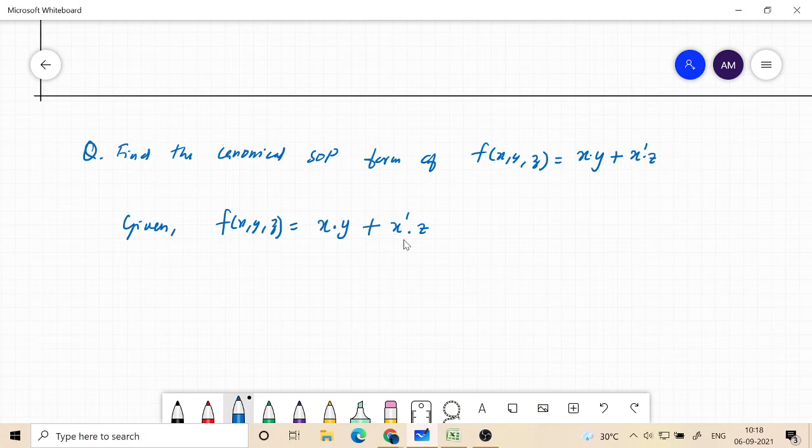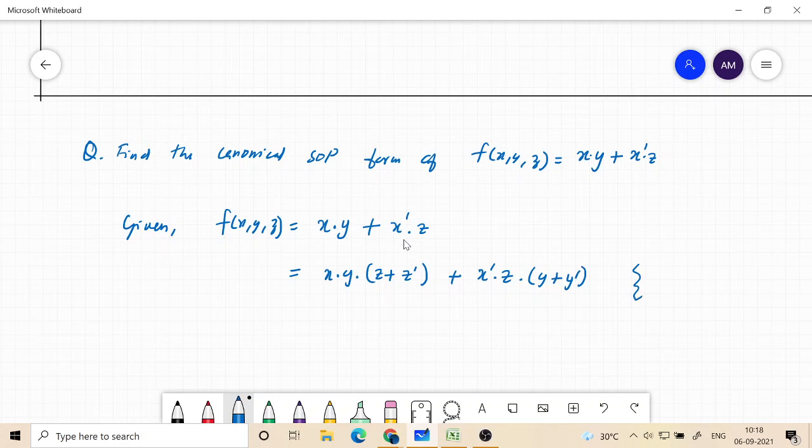If you look at the first term, we don't have z there. So what we do is multiply it with 1 and then write 1 as z plus z dash. Similarly, in the second term, you can multiply it with 1 and write that 1 as y plus y bar.